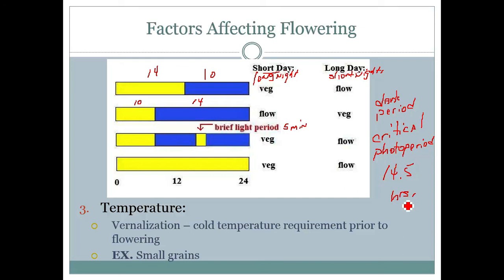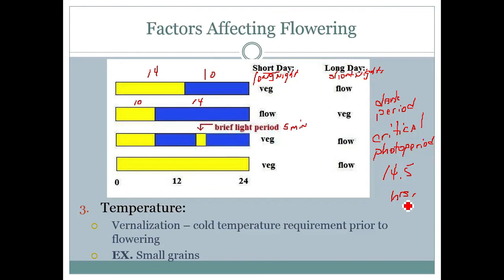Now it takes a couple of days. It doesn't happen overnight. If you do it for a week, you'll start to see flower tissue begin to develop. But as you can see, it is this critical photoperiod that is important. Now if you have a long day plant with a critical photoperiod of 14.5 hours, it will flower with day lengths of 14.5 hours or longer.